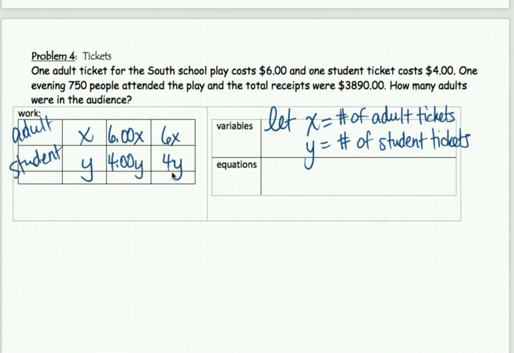And there were 750 people that did attend. And the total amount of money that they made with $6 per ticket, $4 per ticket, was $3,890. Okay, so in the end, we need to know how many adults attended this party or play. Sorry.